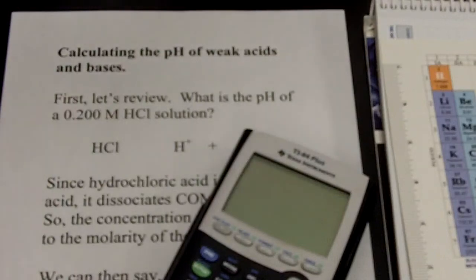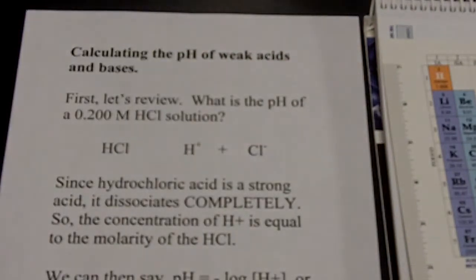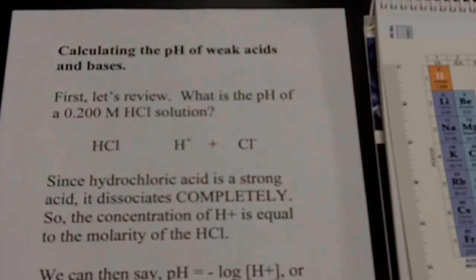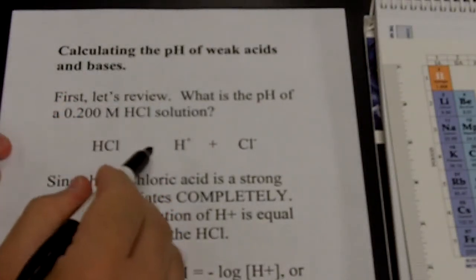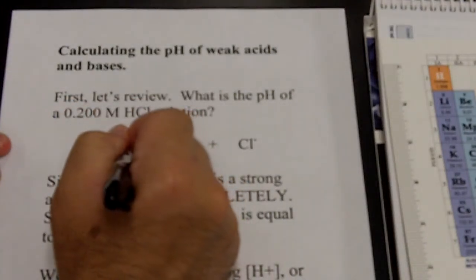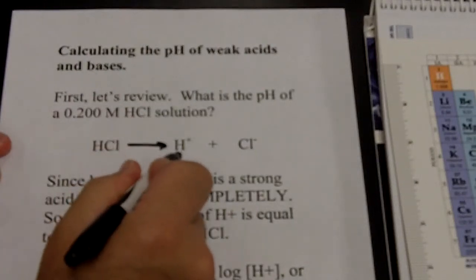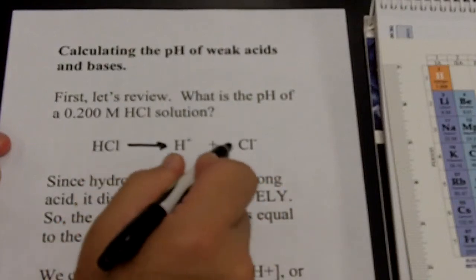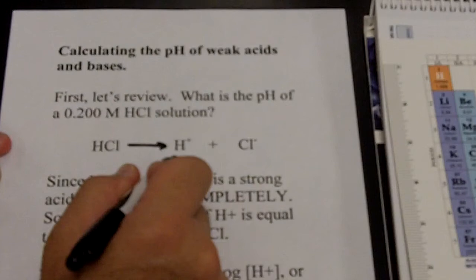Well, first let's do kind of a review problem. Let's go back to our hydrochloric acid and ask the question, what is the pH for the hydrochloric acid solution? Well, remember we had a 0.2 molar hydrochloric acid solution, and remember also that when we placed the hydrochloric acid into the water, there was an immediate and total ionization, that HCl completely, totally turned into the H+ and Cl- ions that you see here. Now, we don't care about the Cl- ions, but remember, H+ ion drives pH.